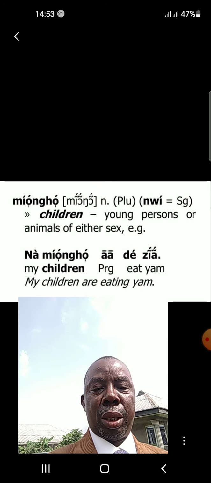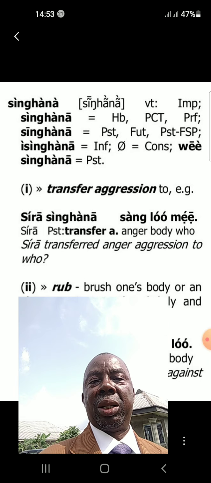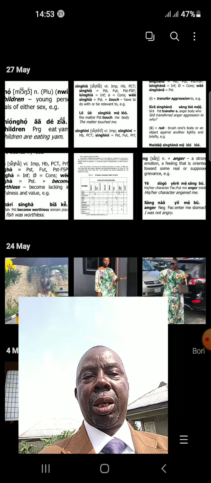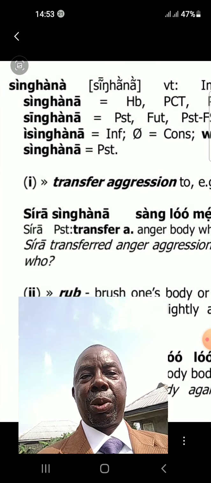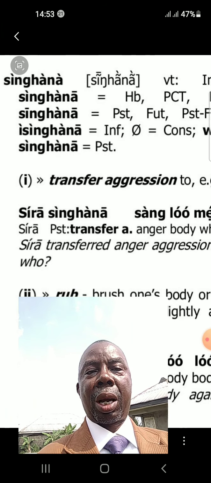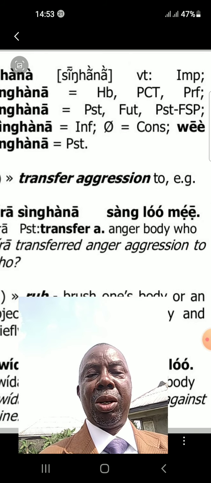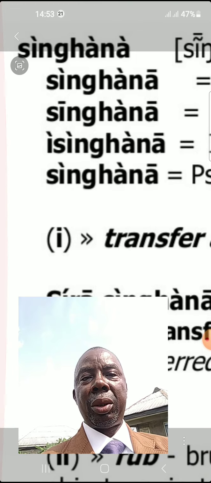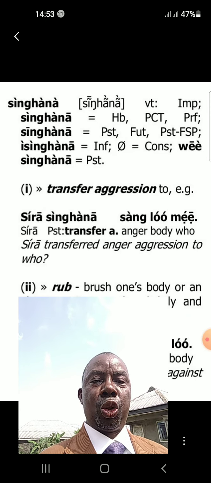Then here we go again to another. In this case, we look at the word singana. Look at the way it is, and then look at the pronunciation. So now, singana means transfer aggression to.